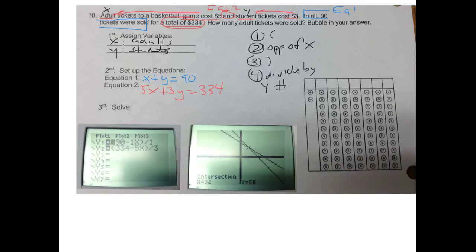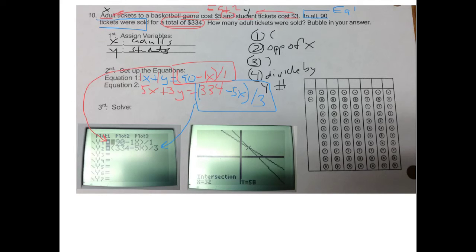So here, left parenthesis, I like to put 1s in front of those. Opposite of 1x, right parenthesis, divide by 1. So that one is ready for the calculator, and you can see I came down here and put it right there. Left parenthesis, opposite of 5x, right parenthesis, divide by 3.